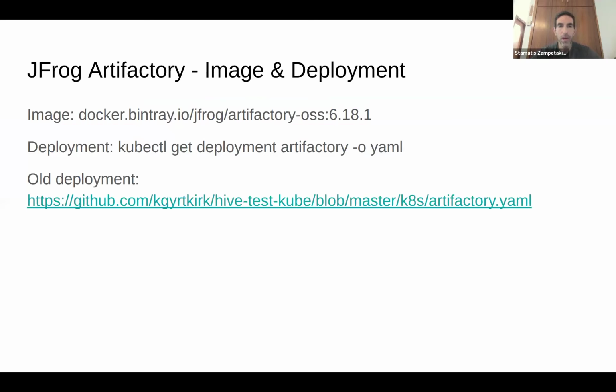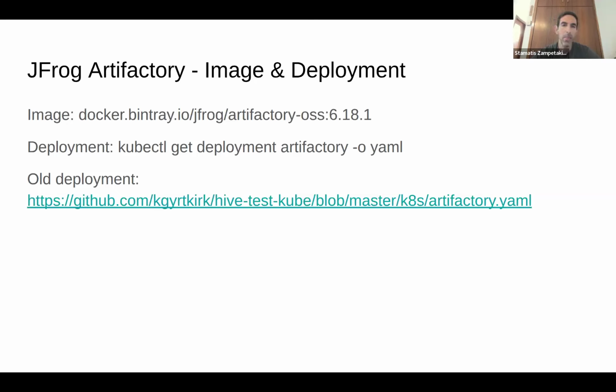In terms of the Artifactory, again, it's a service that relies on a Docker image. And basically we are using the default, we don't have any kind of built-in Dockerfiles. So we are taking exactly the 6.18.1 version that can be found in Bintray.